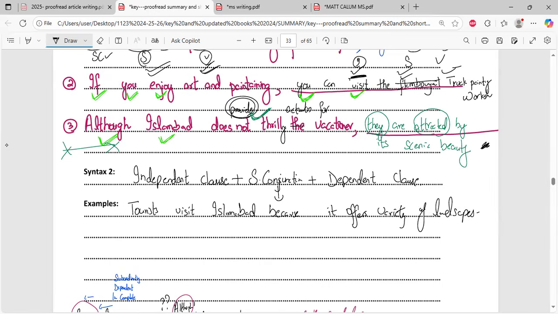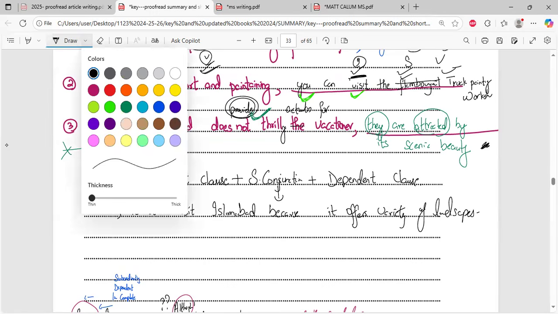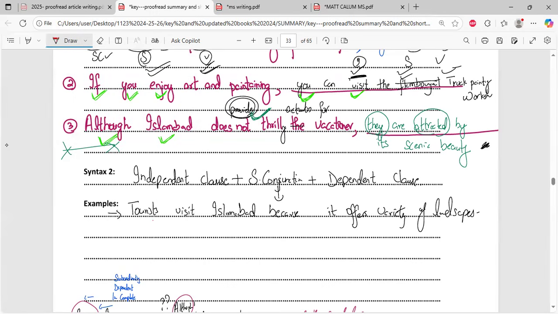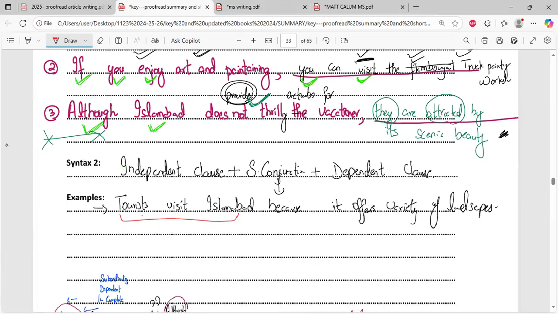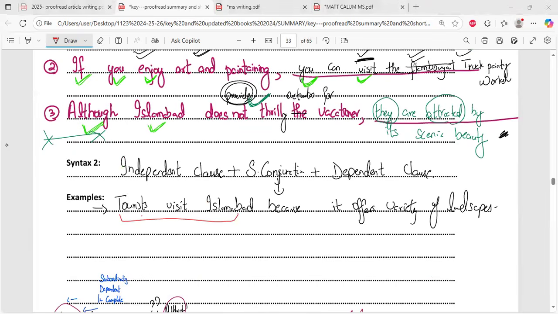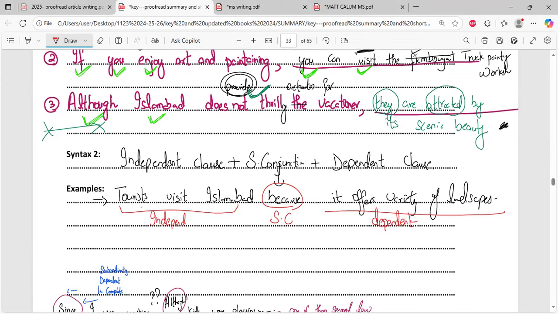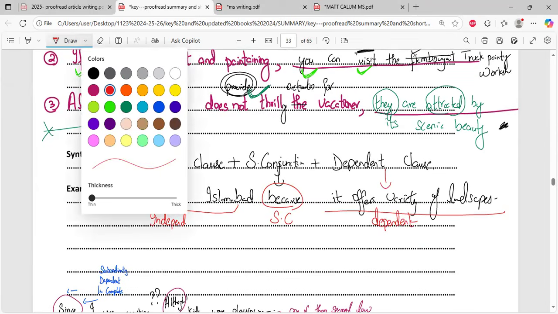This one will not be punctuated with any commas. Okay. So tourists visit Islamabad is one complete clause called an independent clause. Then you enter a subordinating conjunction, और subordinating conjunction के बाद जब भी हम कुछ लिखते हैं, we call it a dependent clause. सिर्फ arrangement change हुआ है. ठीक है, conjunction की जगह conjunction, dependent की जगह dependent, and all of these again have subjects and verbs.